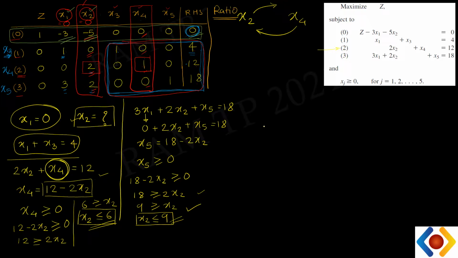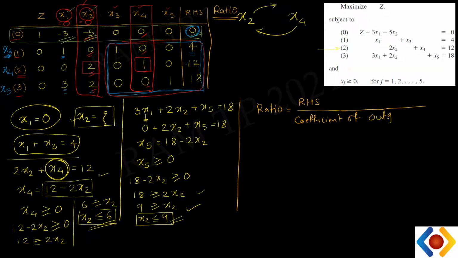Let me write it down. This ratio is nothing but the right hand side divided by the coefficient of the outgoing variable. In the previous step, the x2 variable went out from non-basic. You agree?